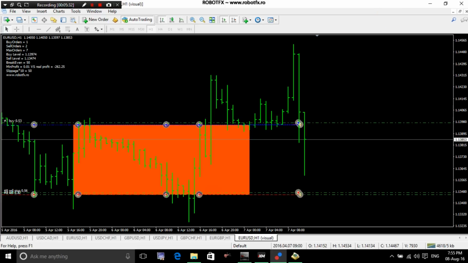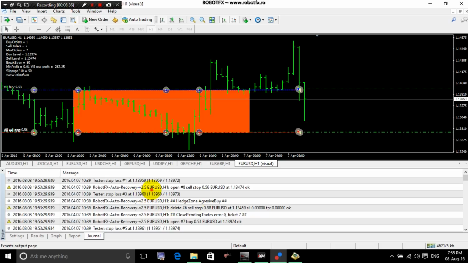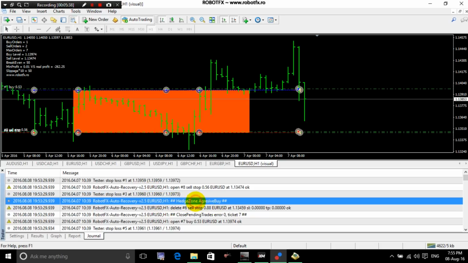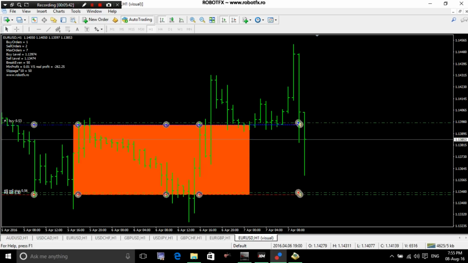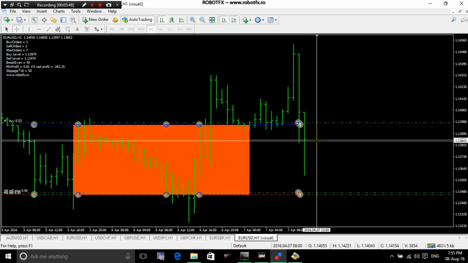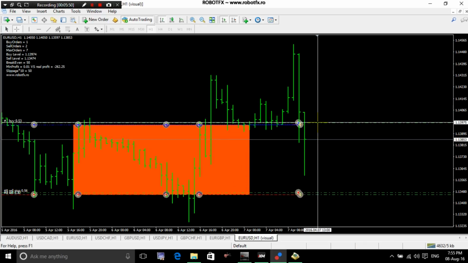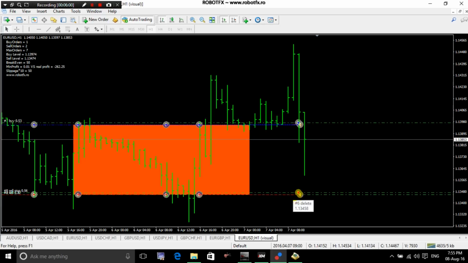Anyway, once the expert advisor does this aggressive hedge, it will appear in the logs somewhere: hedge zone, aggressive buy. It will delete the previous pending sell hedge order, the sell stop, and replace it at the same distance, 50 pips away from the last hedge aggressive buy. And so the sell stop is also a little higher.